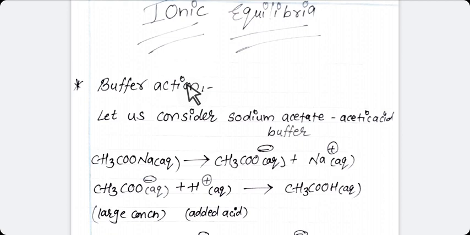Here sodium acetate is a strong electrolyte. All of you know what is a strong electrolyte. Electrolyte, what do you mean by electrolyte? Electrolyte means which can pass electricity easily.